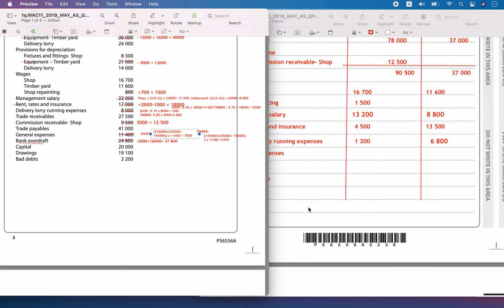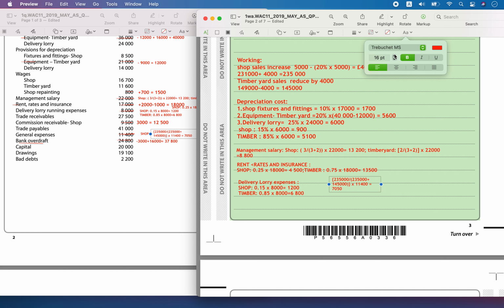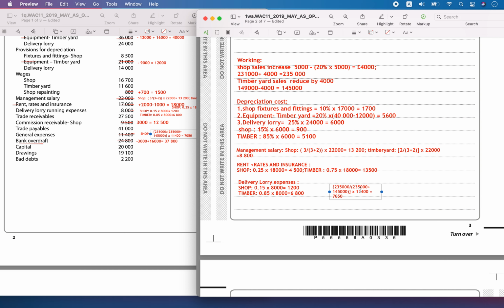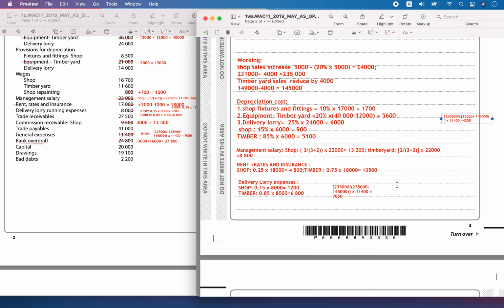Then general expenses. General expenses for the shop and timber were calculated earlier.